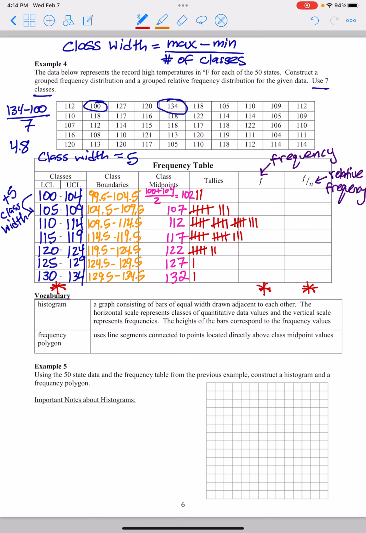And that's just making it easier for me to be able to calculate what my frequency is.